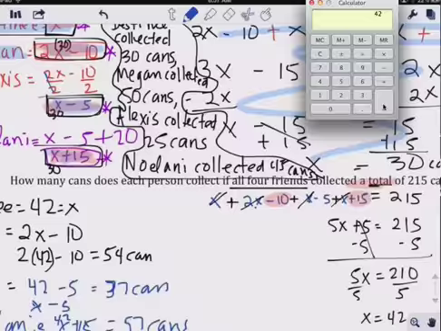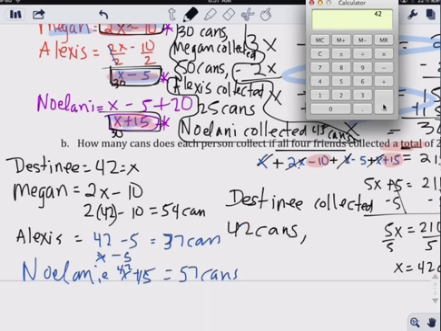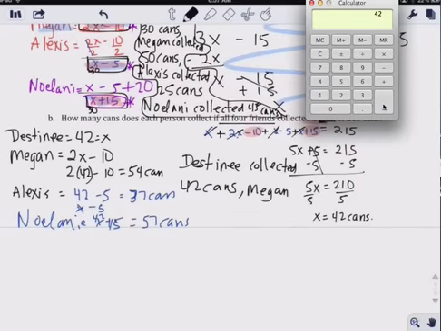Okay, so we need to just write that in a complete sentence and we're done. Destiny collected 42 cans. Megan, okay, you guys know the whole drill. Finish it. Collected, okay, I can't help myself. 74 cans.